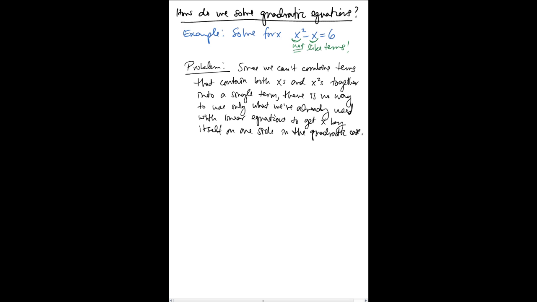So, how do we move on from here if we can't combine the x squared and the minus x? Well, we need to notice a neat trick.